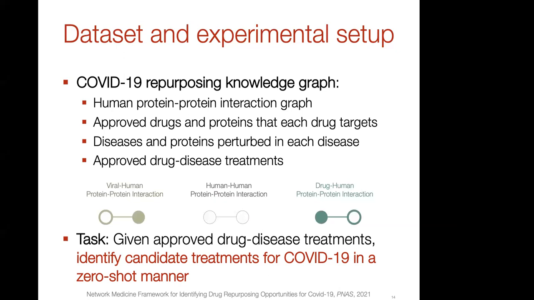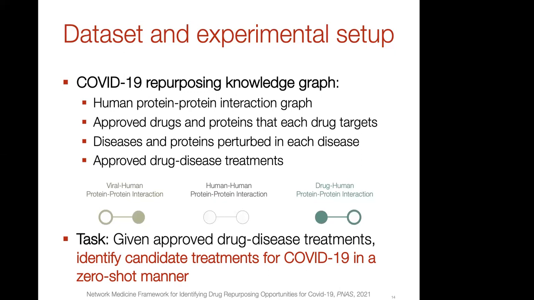So given the human protein interaction graph, information about drugs and their protein targets, information about diseases and their associated proteins, and the knowledge about what drug already treats a disease, our goal was: given these approved disease treatments, can we identify and prioritize treatments for COVID-19 in a manner that is known as zero-shot?